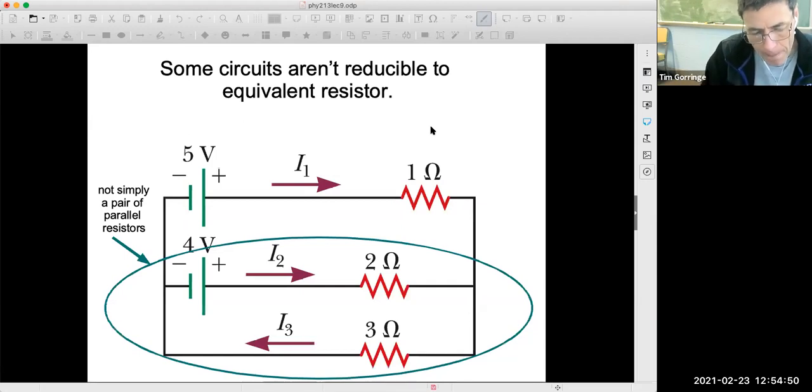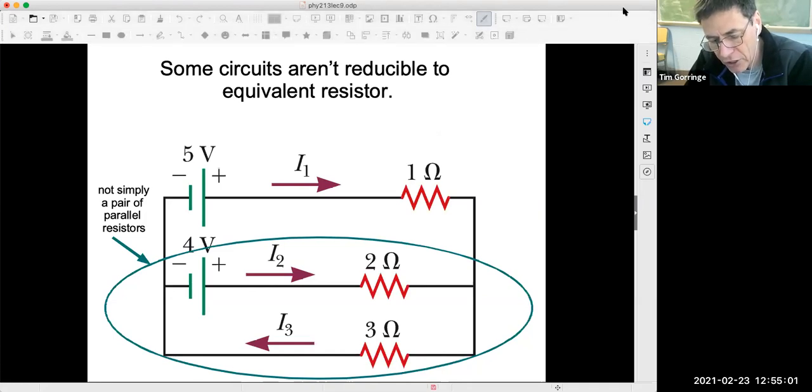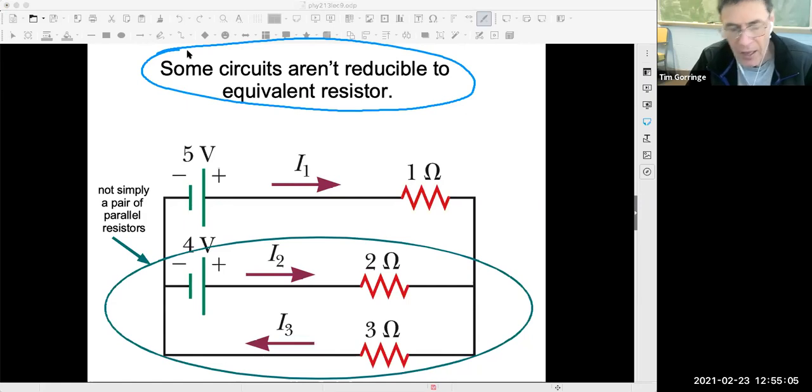And so here is an electrical circuit that is not reducible to a single equivalent resistor.